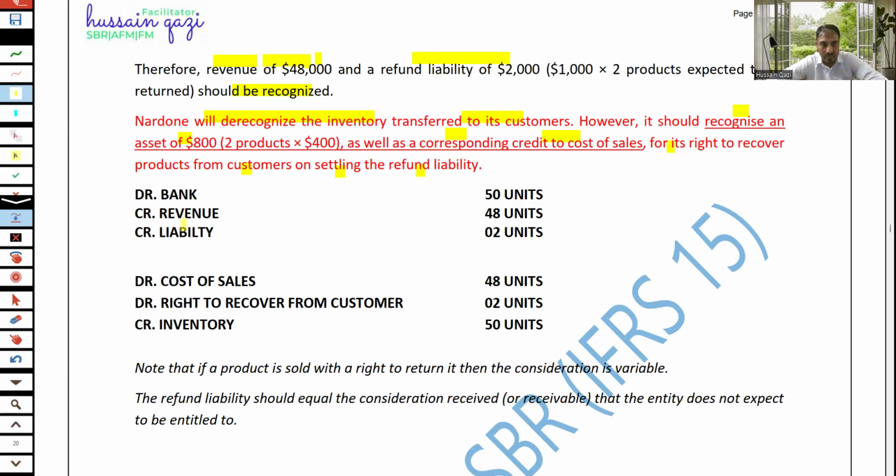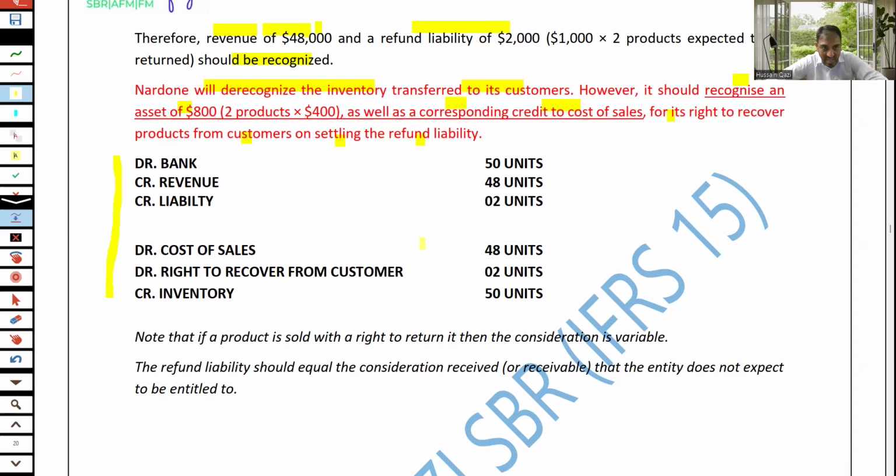Sir, what does that mean? For your clarification, I have made some transactions with units; don't worry, you can use the amounts. The actual point is what the debit and credit should be: bank debit for 50 units, revenue credit for 48 units and liability for 2 units.